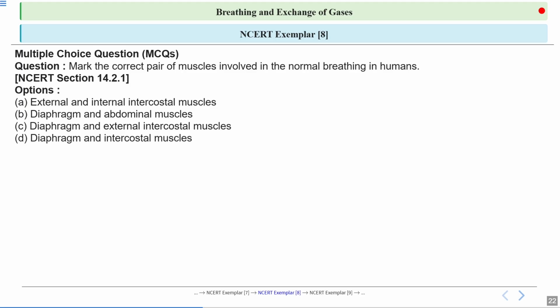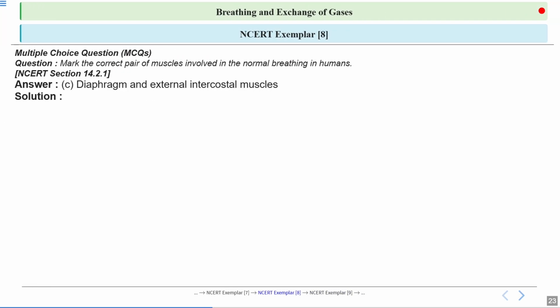D. Diaphragm and intercostal muscles. Let us see the answer of this question. See, the correct answer is option C, diaphragm and external intercostal muscles. The pair of muscles that are involved in the normal breathing in humans.